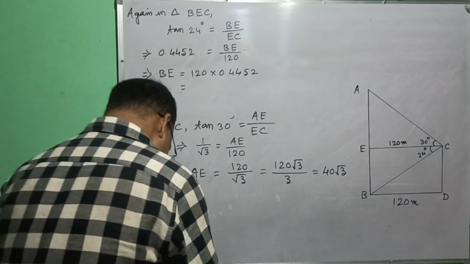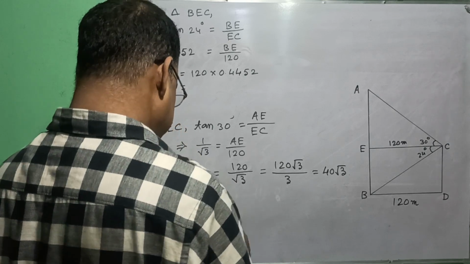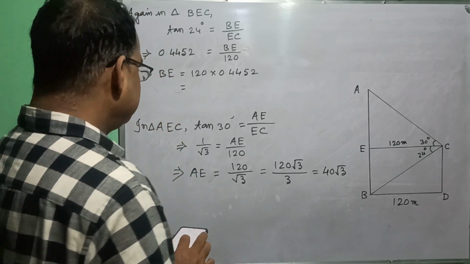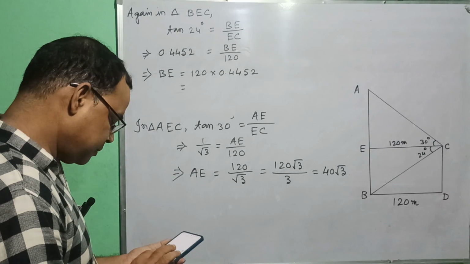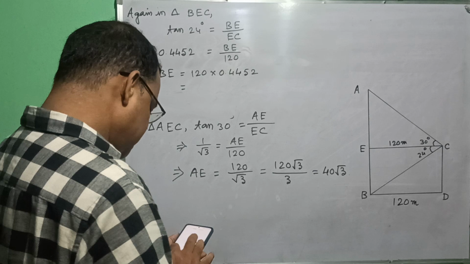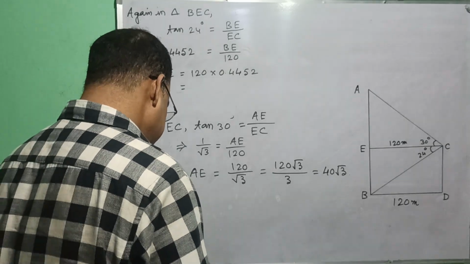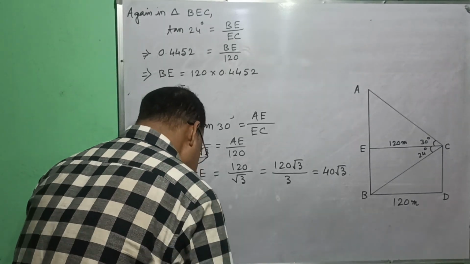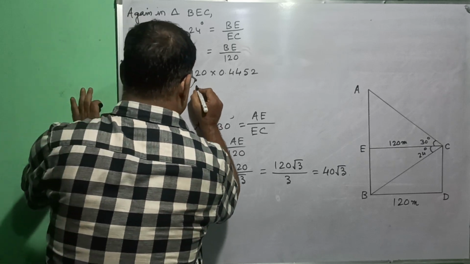So let me multiply now. I am multiplying with calculator. So it is 0.4452 into 120. So it is 53.424.